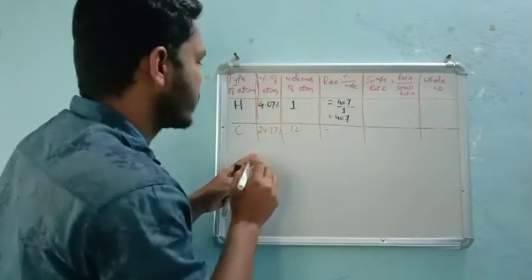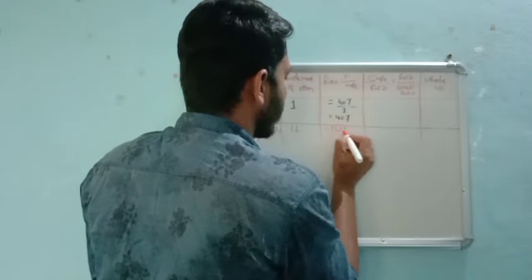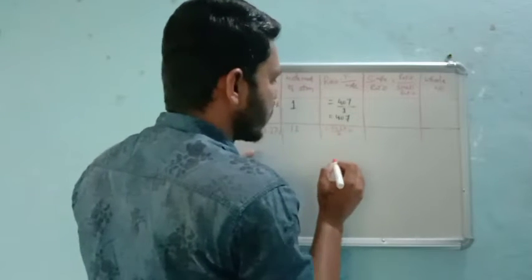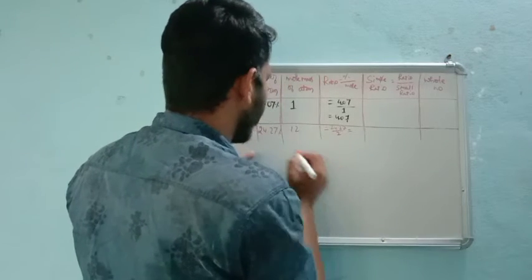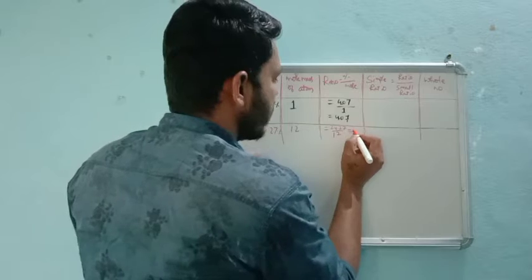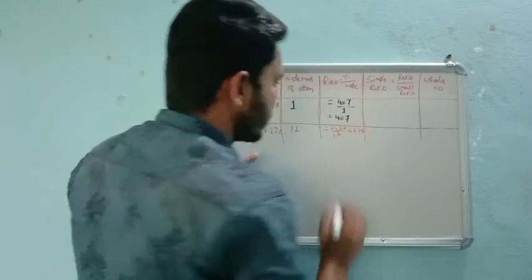The ratio is the percentage, 24.27, divided by 12, so nearly it will come to 2.27, right?